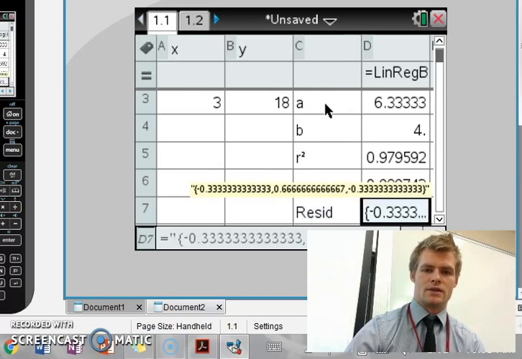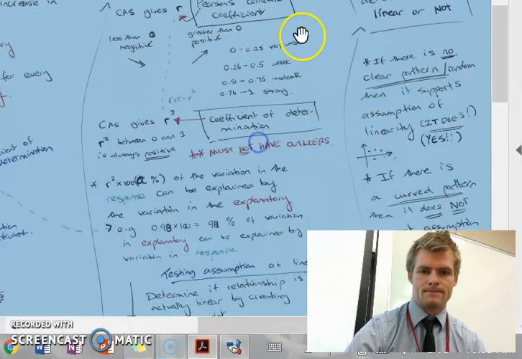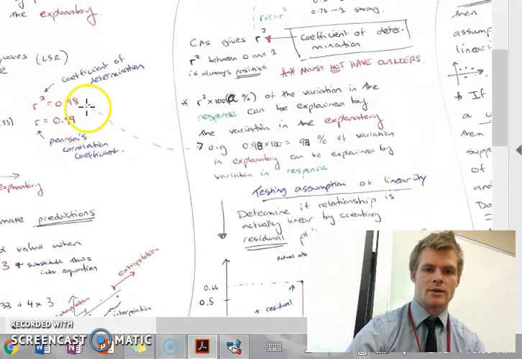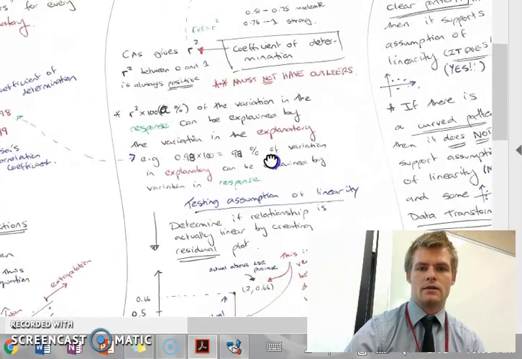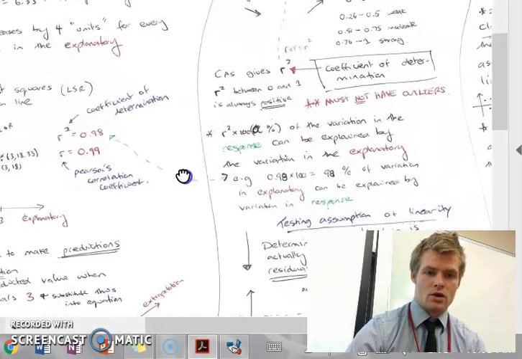It also gives you the residual values. Going back to here, in this example, R squared is 0.98, rounded, and R is 0.99, so that would mean it's strong.